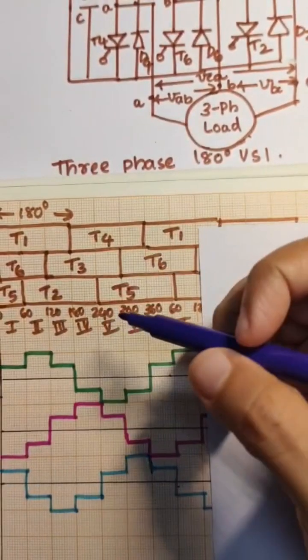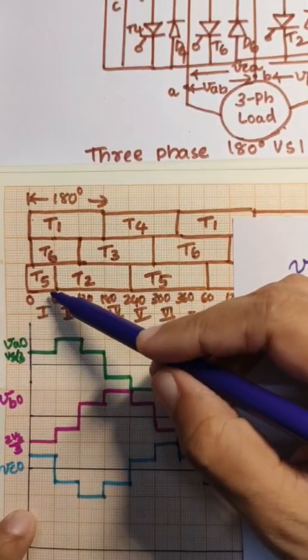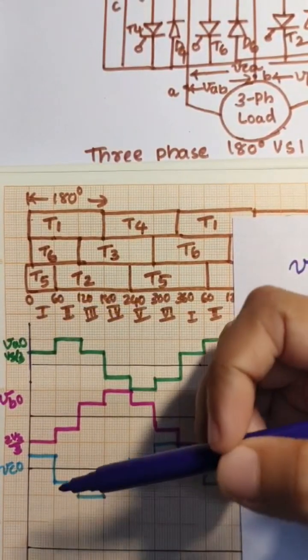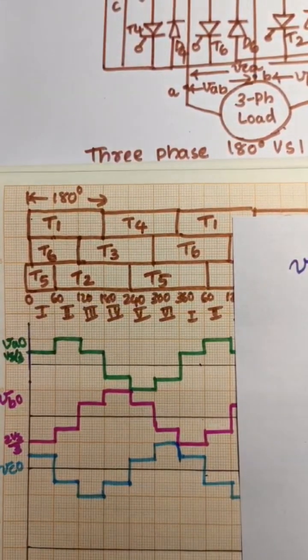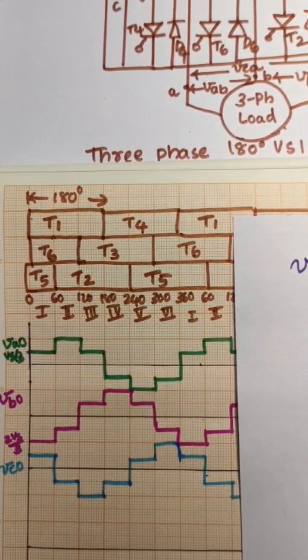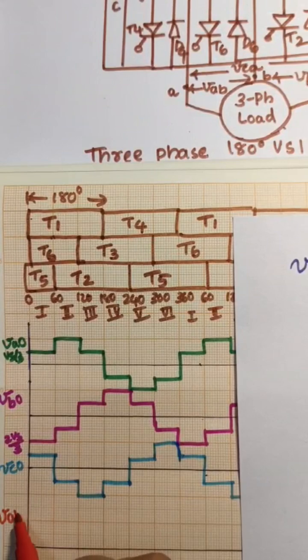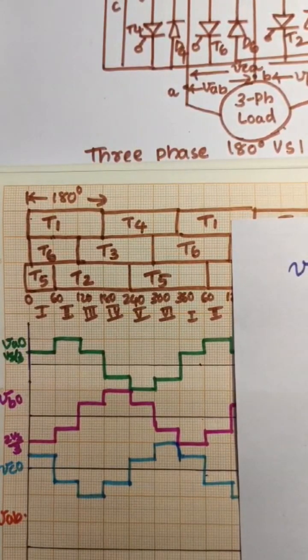So for the first step, we need to first draw VAB. VAB voltage we need to draw here.